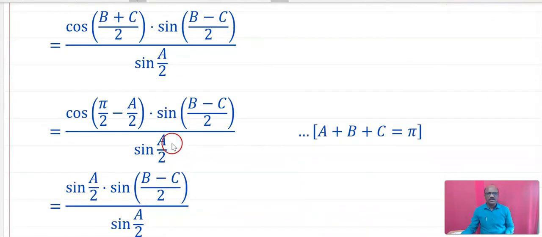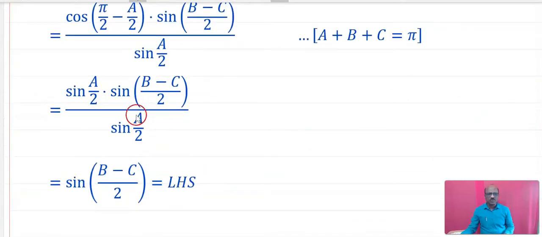Next, what is the value of b plus c? Now a plus b plus c is pi. Therefore, (b plus c) upon 2 is equal to (pi minus a) divided by 2. That is cos of (pi by 2 minus a by 2) into sine of (b minus c) upon 2. Now cos of (90 minus theta) is sine theta, which means sine of a by 2 into sine of (b minus c) upon 2, upon sine of a by 2.